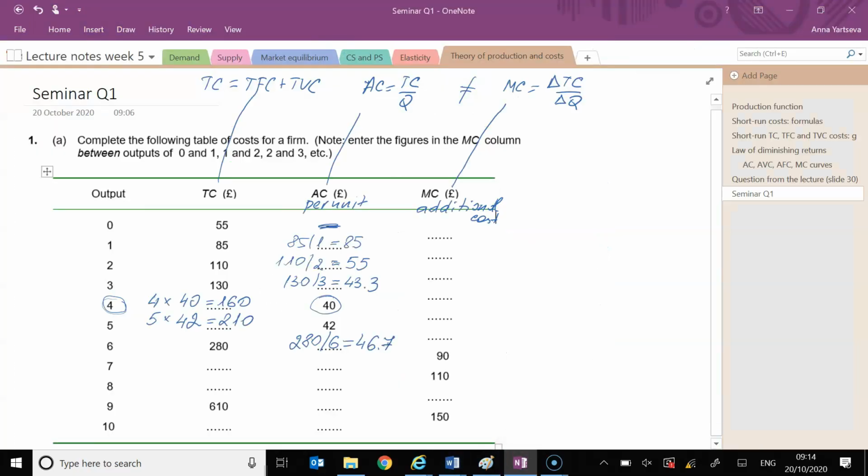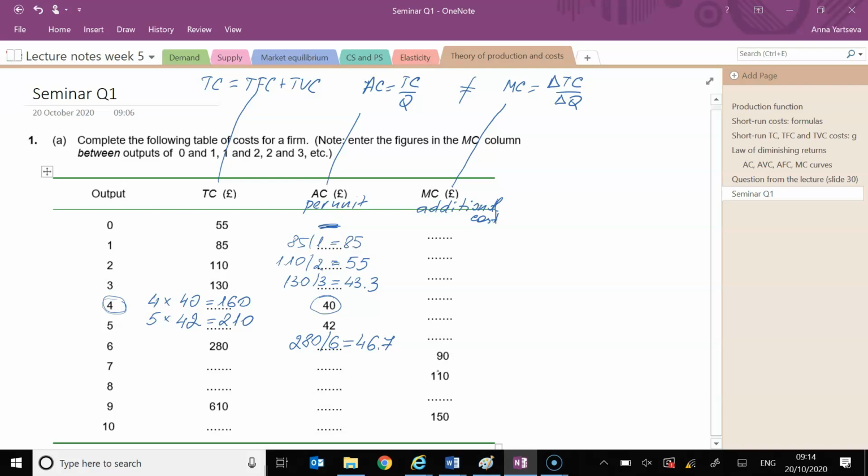I'm not using a calculator at the moment, but you can always compare your answers with the correct answers provided. Okay, now we cannot proceed any further because for 7 and 8 units of output, we don't know any of these numbers. We don't have total or average costs.